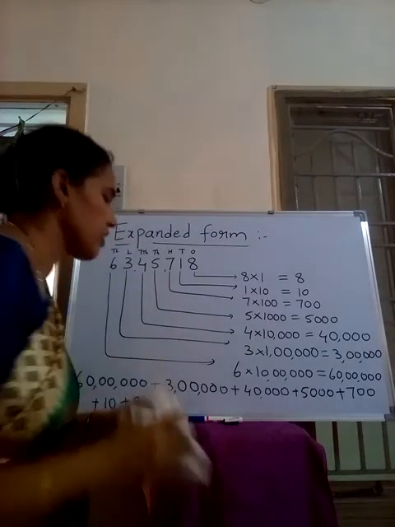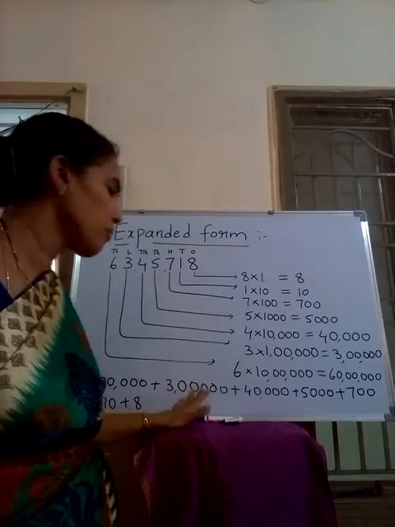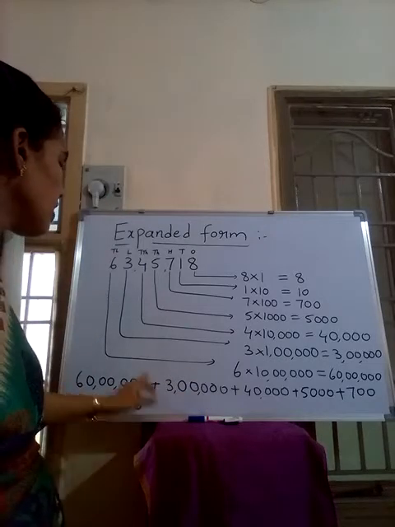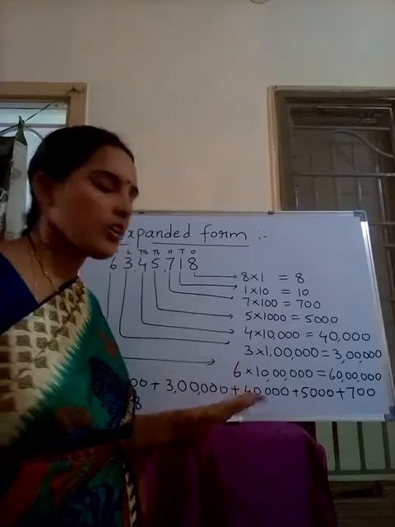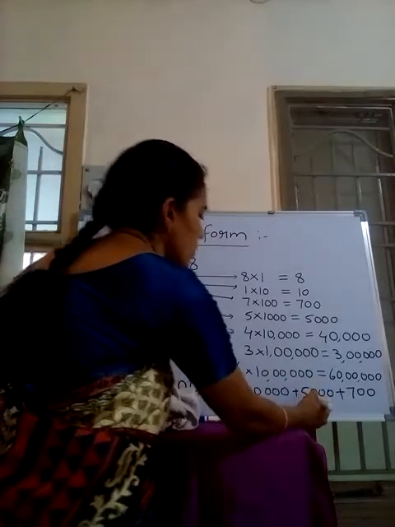In this way if we write, we call it expanded form. We are writing the number as the sum of the place values of its digits. This is called what? Expanded form.